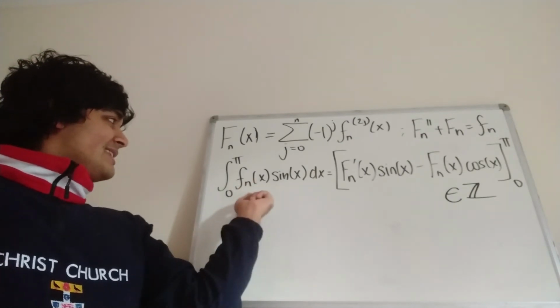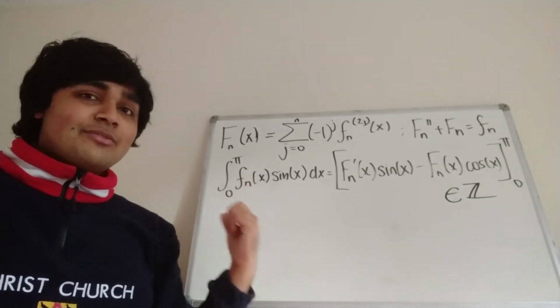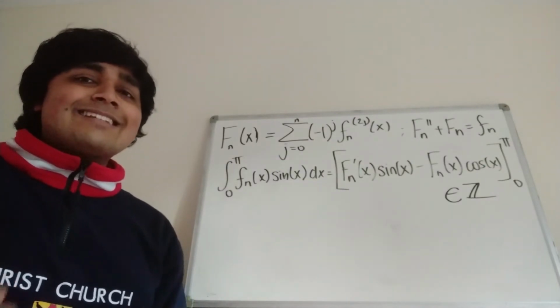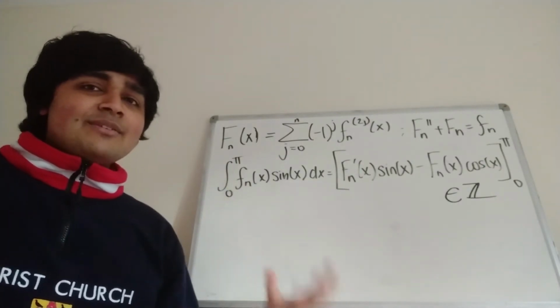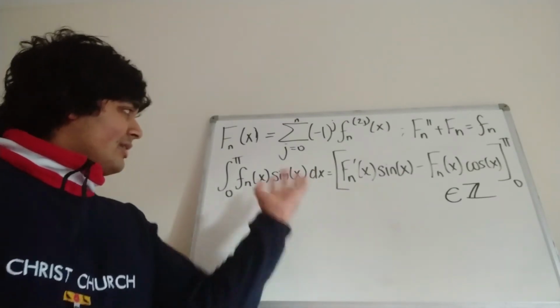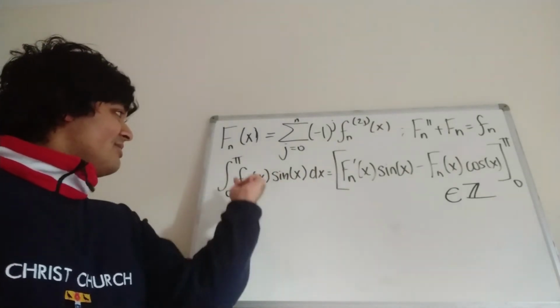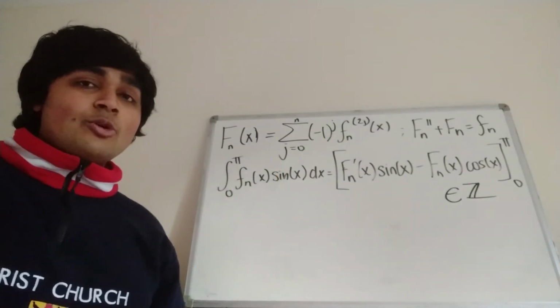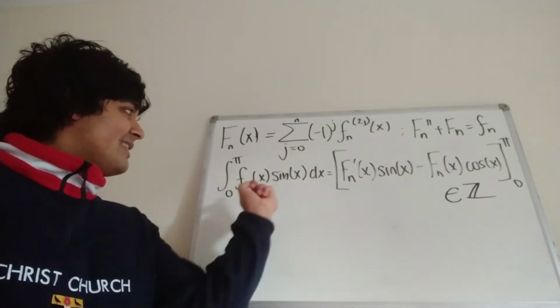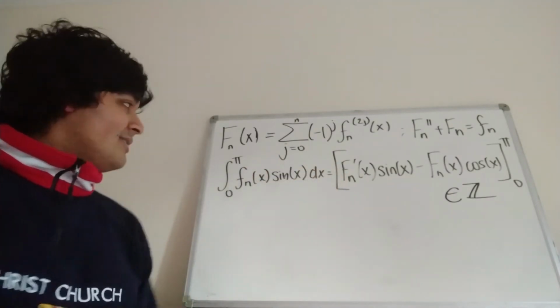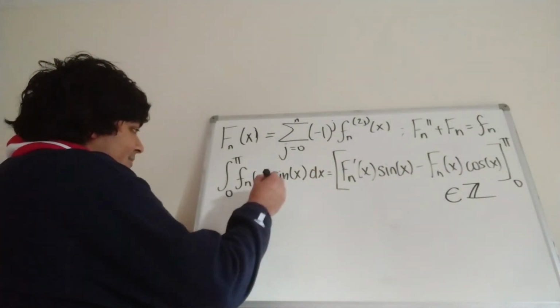And now we can see fn of x, remember, is non-negative in the region 0 to pi, where we're integrating over. And in particular, it's not identically the 0 function, and it's a continuous function. Sorry, fn of x times sine of x is a non-negative function in that region, because sine of x, remember, is non-negative in 0 to pi. And because of continuity and the fact that it's not identically 0, this integral is going to be positive, so strictly greater than 0.